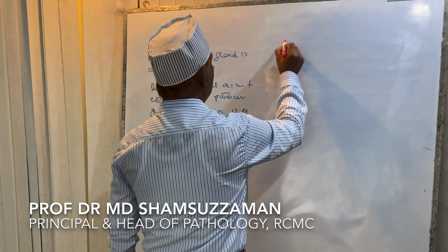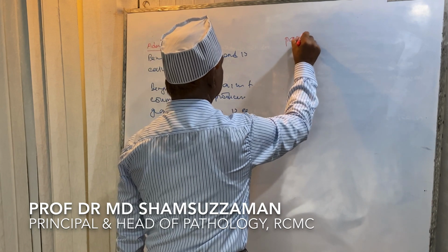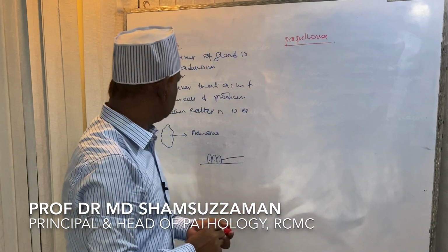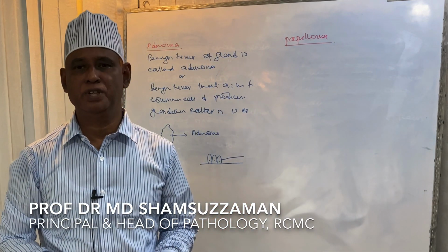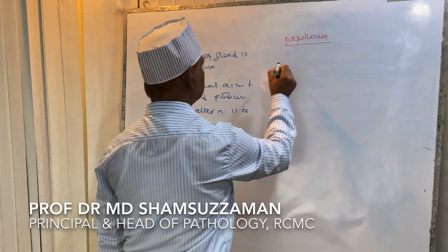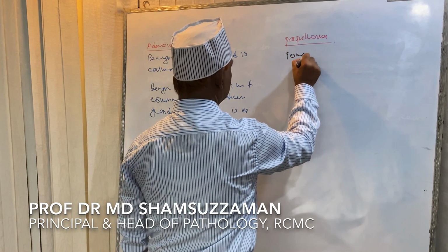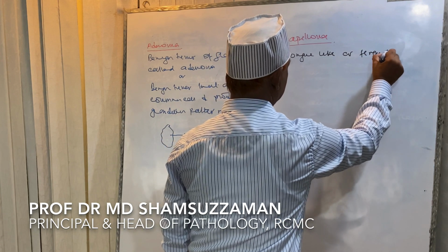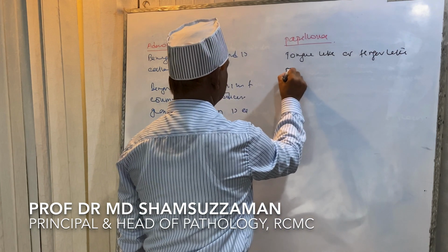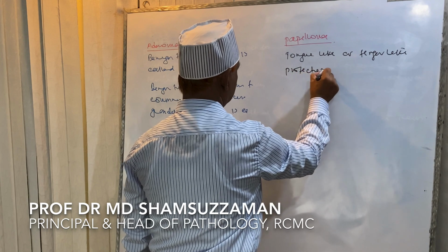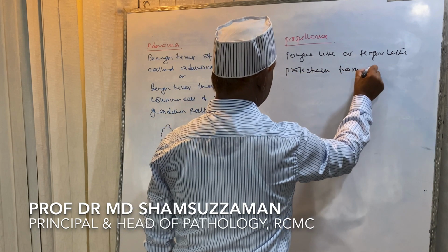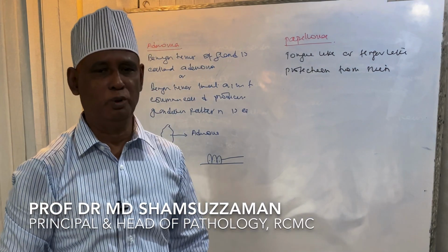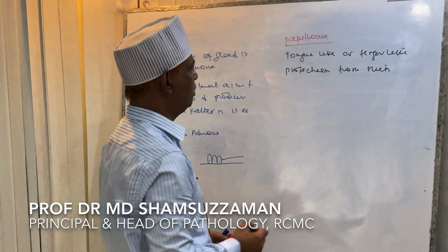Now come to papilloma. What is papilloma? It is a tongue-like or finger-like projection from the skin. So, a tongue-like or finger-like projection from skin is known as papilloma.